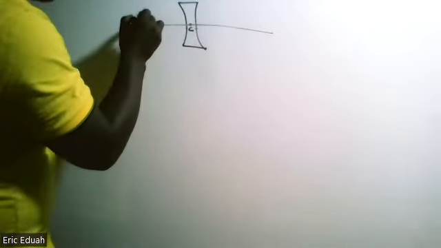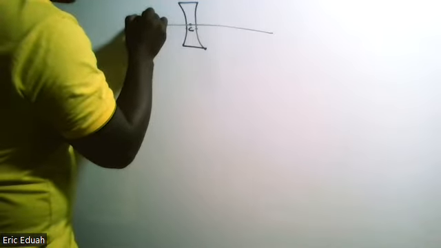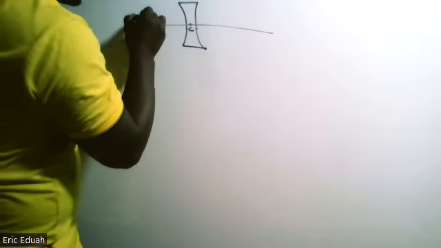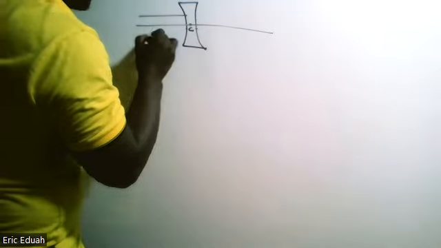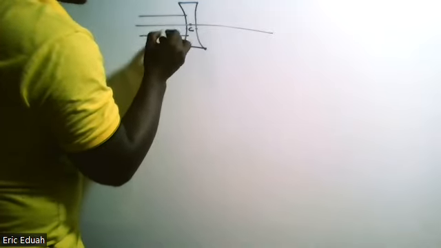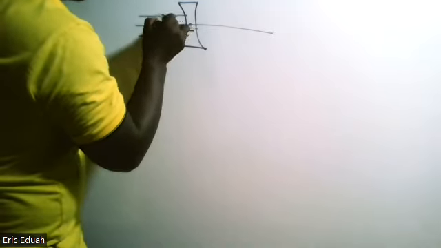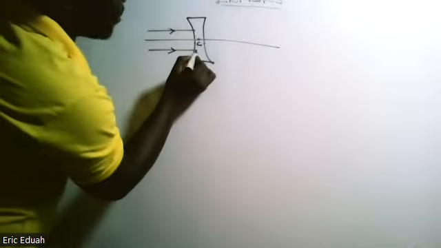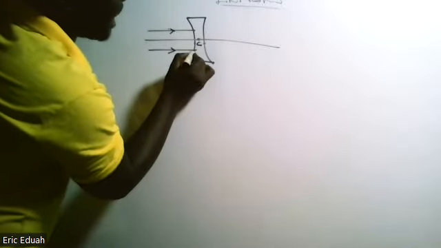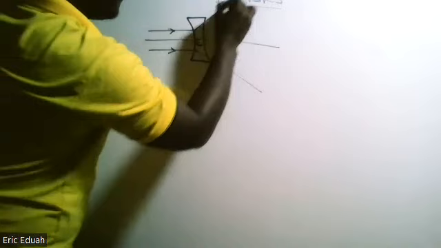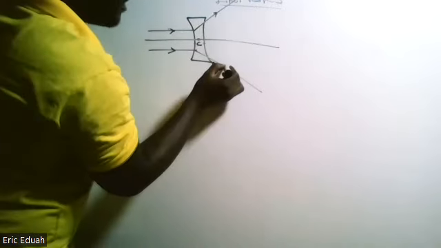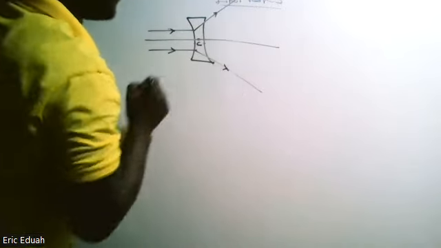Now, when you have parallel rays, paraxial rays, hitting the lens, and don't forget this is concave, these rays would have to be diverted. After refraction, the rays will be diverted.